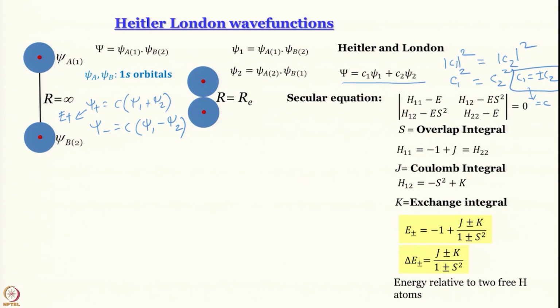Okay. Now, the next thing is to find C, and the way to find C is very simple. Integral psi plus squared over all space equal to 1, the normalization condition. So, I can write C square integral (psi 1 plus psi 2) multiplied by again (psi 1 plus psi 2) over all space is equal to 1.